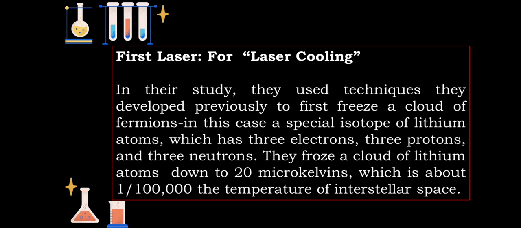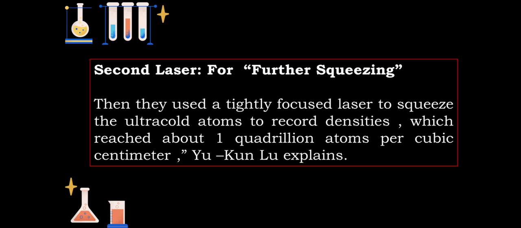They froze a cloud of lithium atoms down to 20 microkelvins, which is about 1/100,000 the temperature of interstellar space. The second laser is for further squeezing. Then, they used a tightly focused laser to squeeze the ultra-cold atoms to record densities, which reach about 1 quadrillion atoms per cubic centimeter.